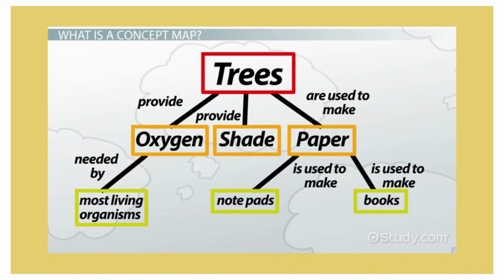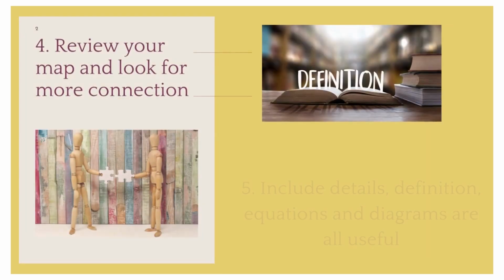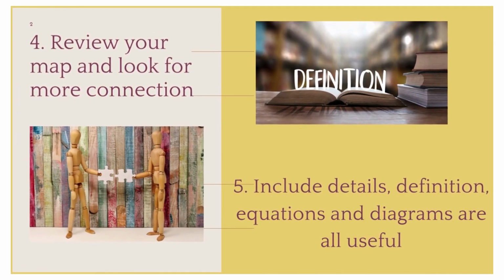The use of the tree is it provides oxygen, provides shade, and it is used to make paper. So that's your major point. And you start to branch out based on that article, the way that these are achieved.